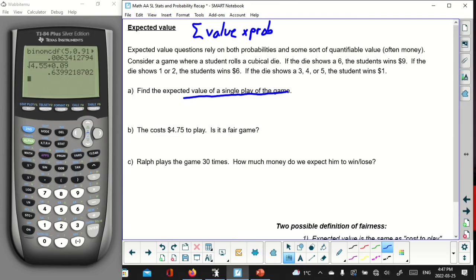And the way you would find it is just taking the probability of that first event times its value, plus the probability of the next event, so it's a 2 in 6 chance of rolling a 1 or 2, times its value. And then finally plus the probability of that last event times its value.